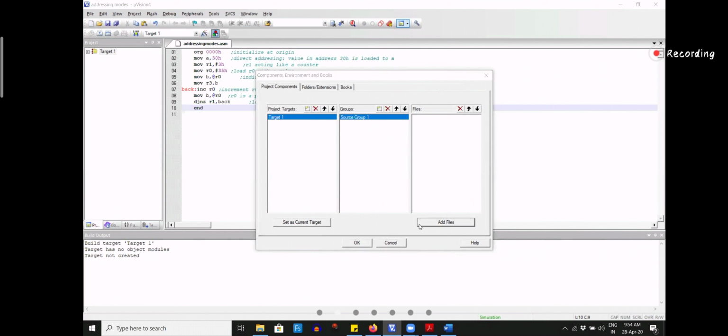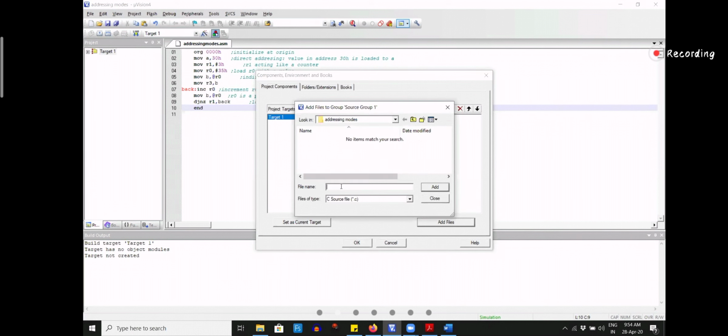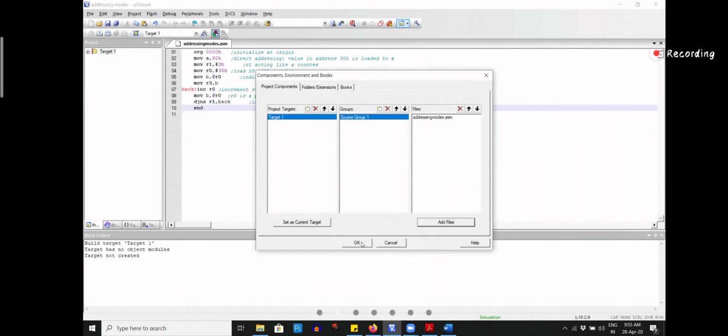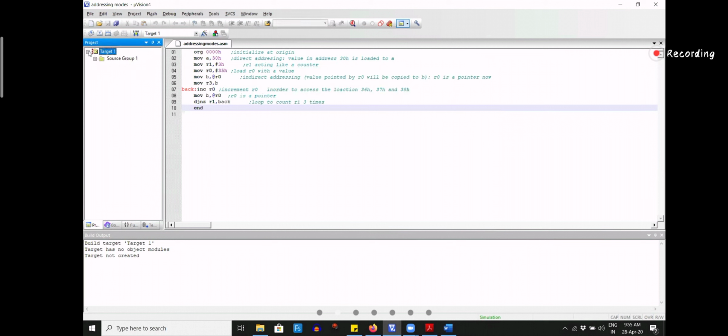Oh, I didn't do this step. Now it will run. Okay, now see in the debug.